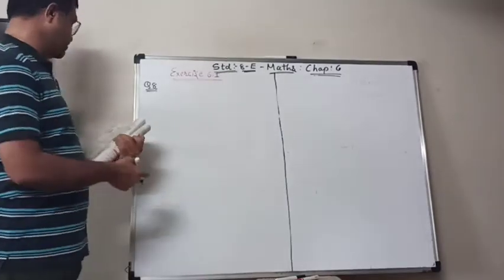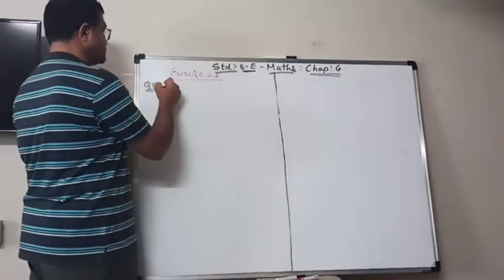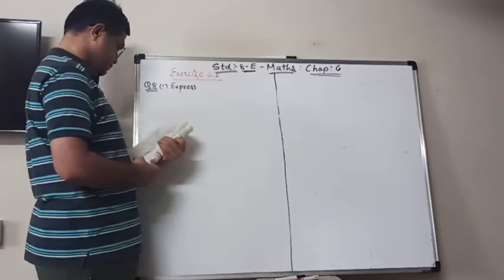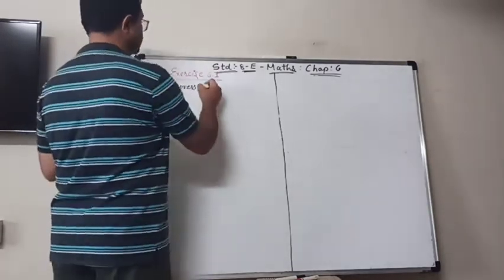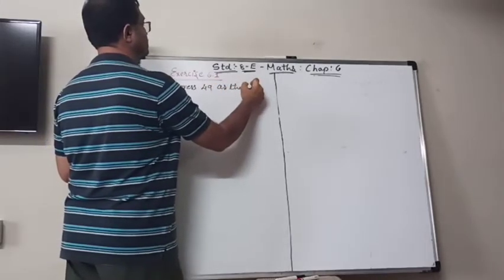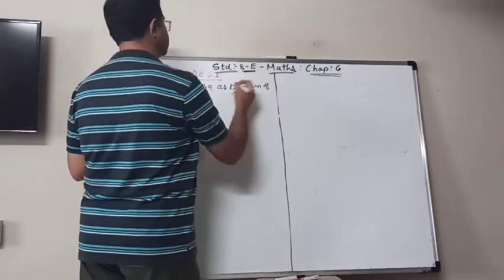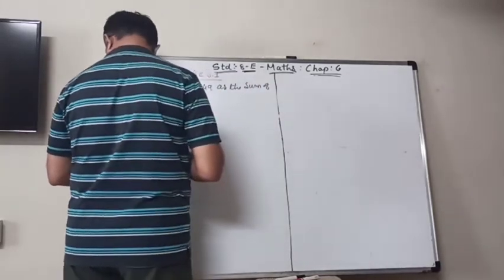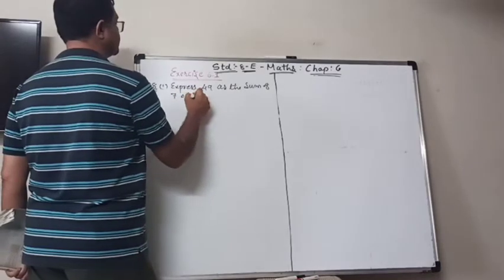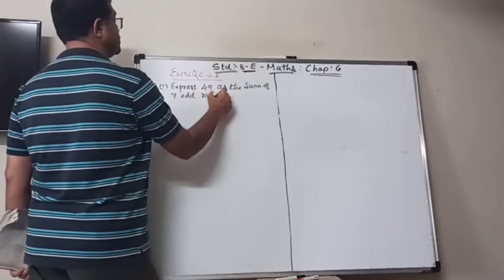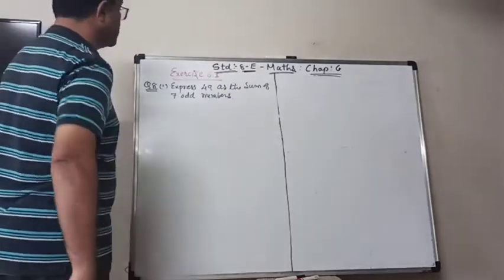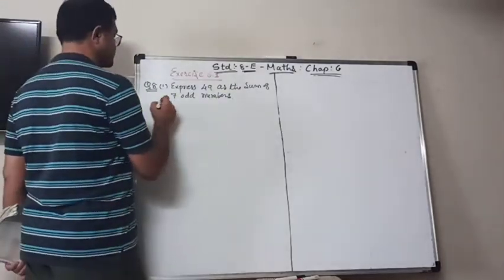Now question number 8. In that, first is to express 49 as the sum of 7 odd numbers. So what did we do in the previous question? We have to do just the reverse.